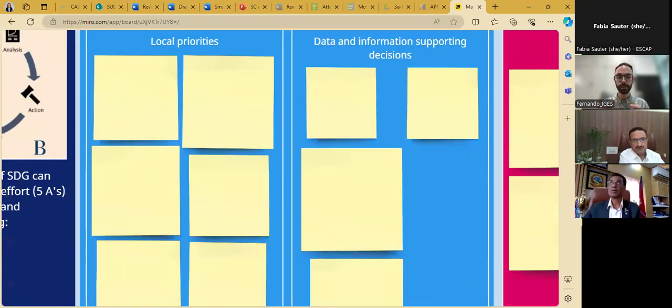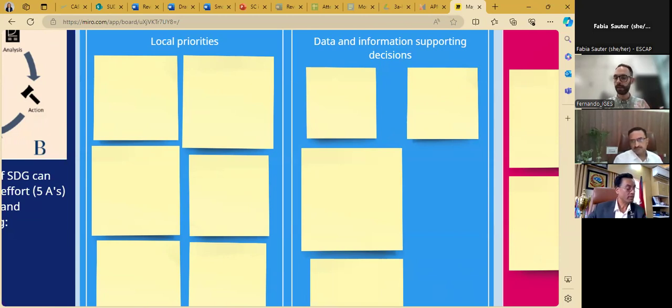For example, target 1 is on housing and slums. Maybe for my municipality, one of the problems is the very high cost of housing, which means many people don't have enough affordable housing, which makes living conditions harder. So then you have to think what data or information could help you support your decisions.